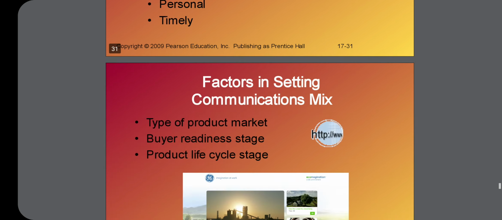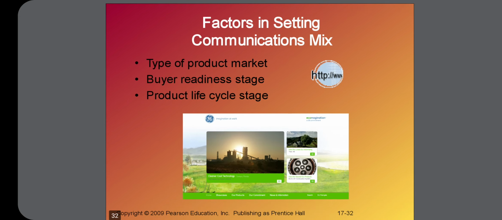So, factors in setting the communications mix. What would be the product that you are offering? What would be the type of product, and the market that will be buying your goods? So the customer readiness, as well as your PLC or the product life cycle.